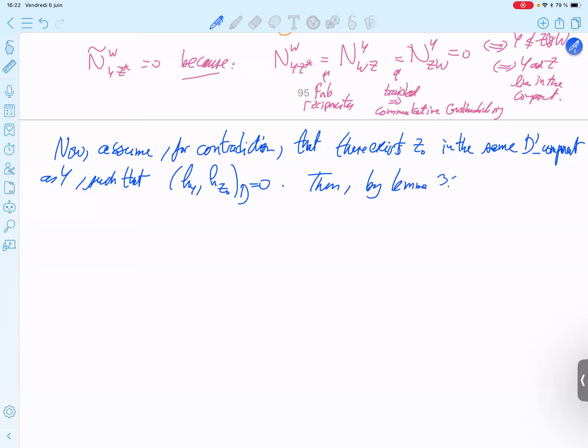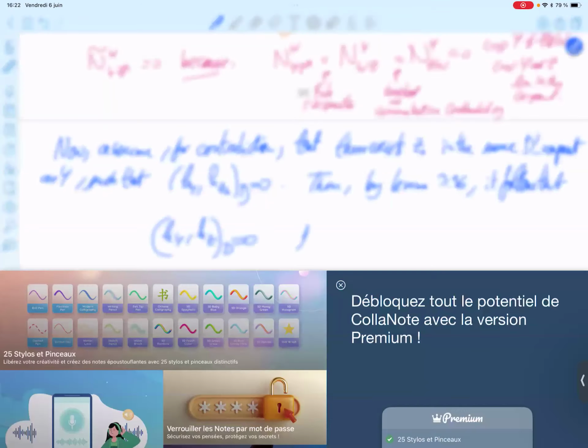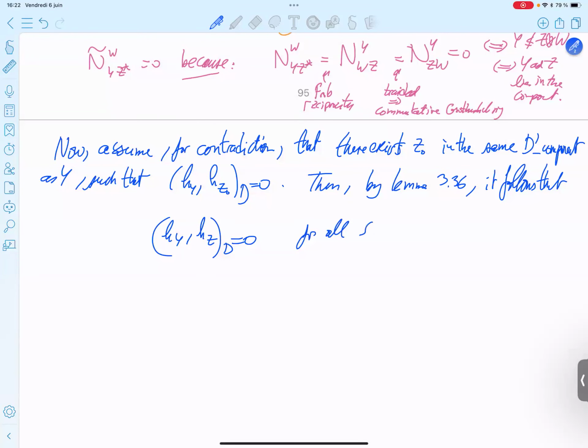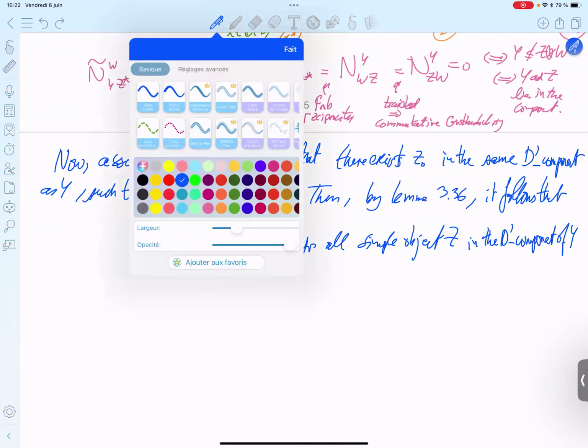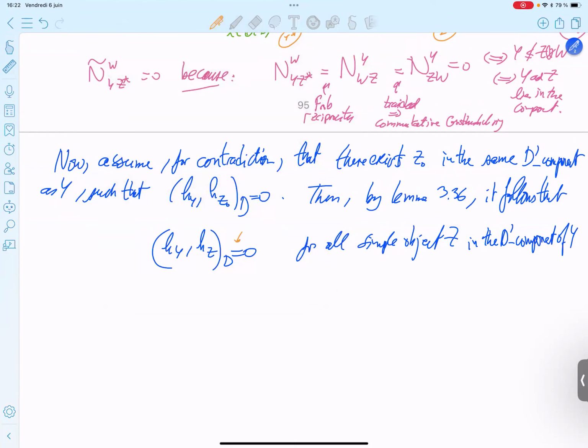By lemma 336, it follows that this inner product is equal to 0 for all simple objects Z in the D prime component of Y, since Hz0 equals Hz by this lemma.